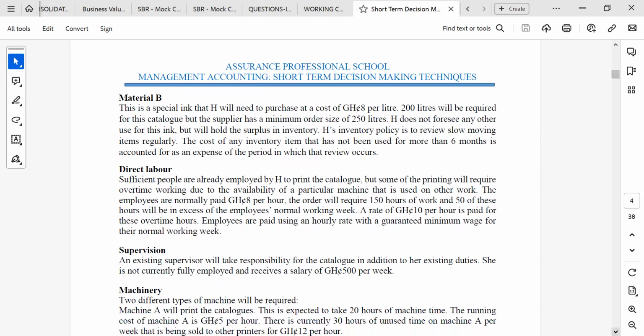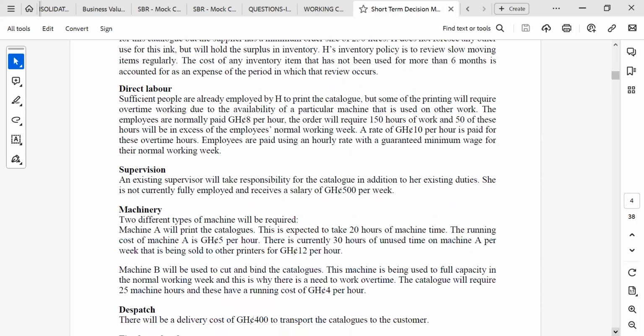Machine A will print the catalogs. This is expected to take 20 hours of machine time. The running cost of machine A is 5 cedis per hour. There are currently 30 hours of unused time on machine A per week that are being sold to other printers for 12 cedis per hour.